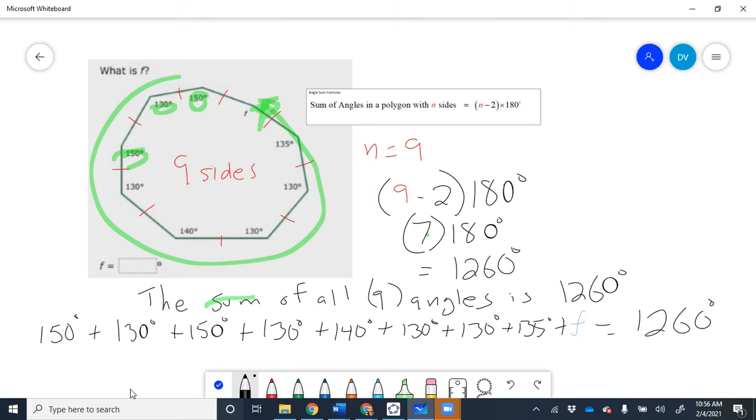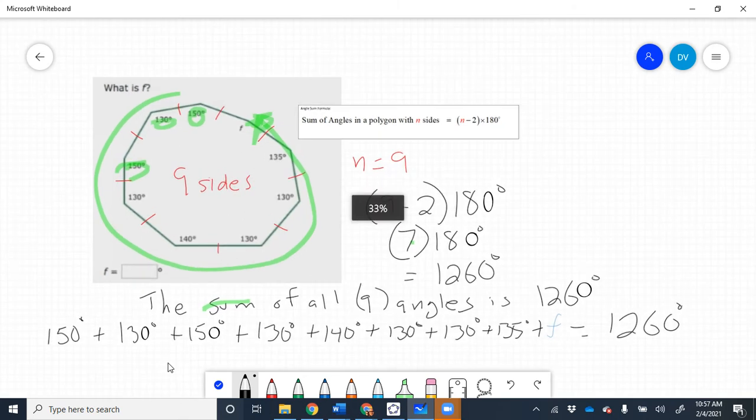150 plus 130 plus 150 plus 130 plus 140 plus 130 plus another 130 plus 135. So if I add up all those angles that I wrote down in black, I get 1095.